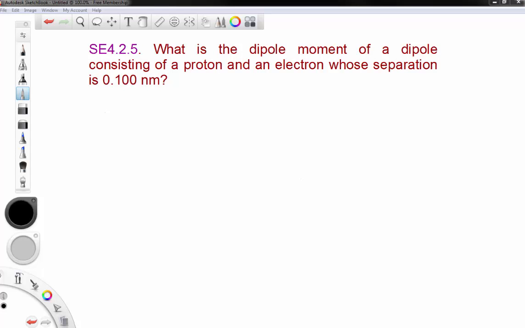Okay, we begin with trying to find the dipole moment for a proton and an electron, like so, that are separated by a distance 0.100 nanometers. So recall that the charge for either one of these is about 1.6 times 10 to the minus 19 coulombs.